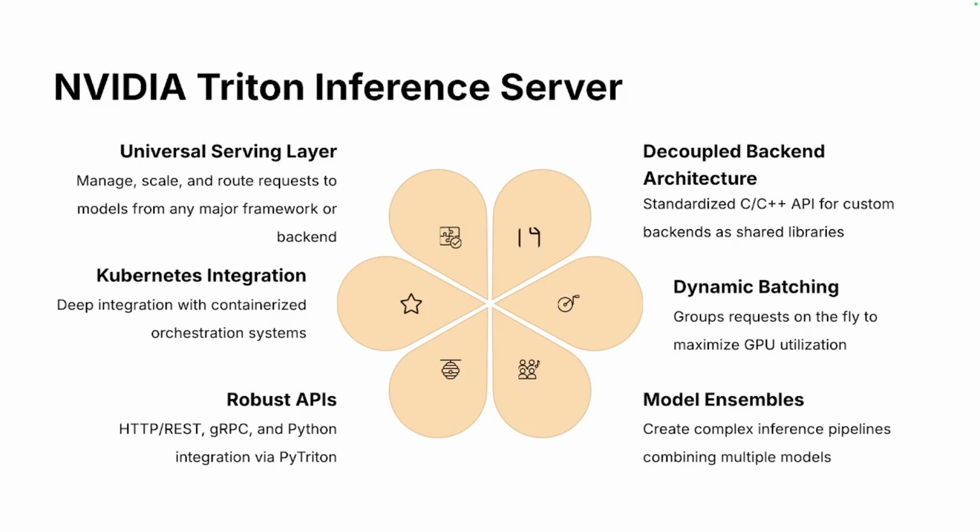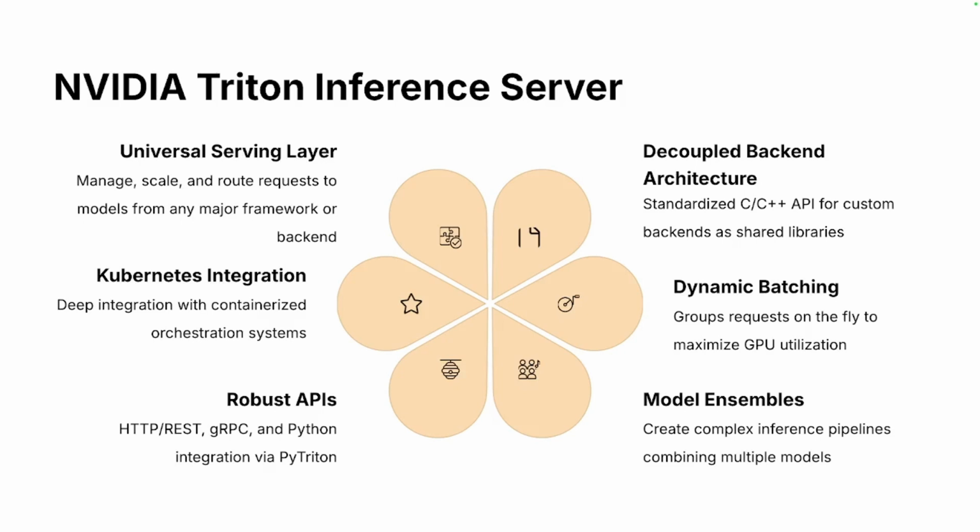At the core of Triton Inference Server is a decoupled backend architecture, which means Triton does not care what kind of model you are serving. You can plug in custom backends via a standardized C++ API, which allows for deep customization and extension. This makes it a powerful option for complex or multi-framework deployment.